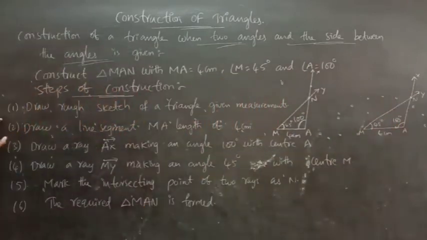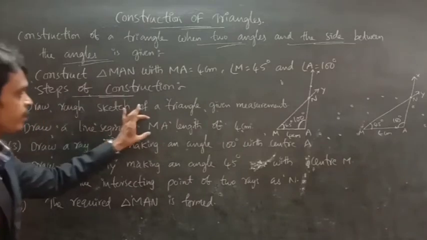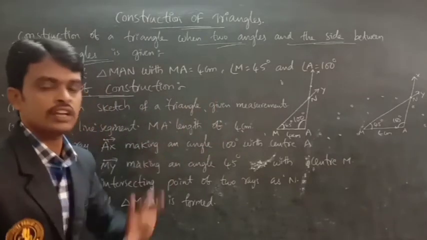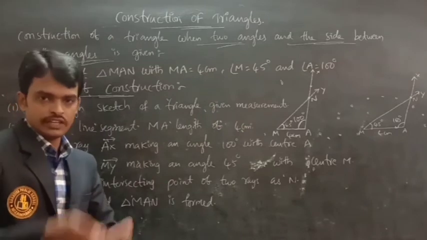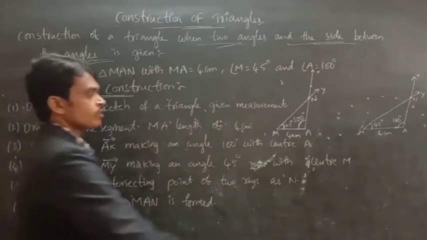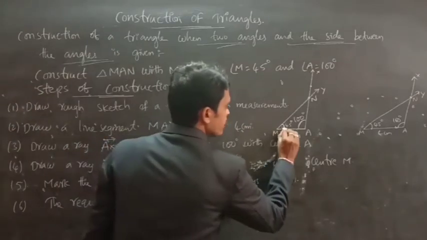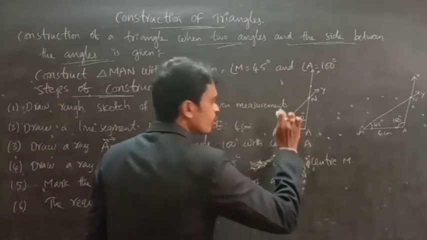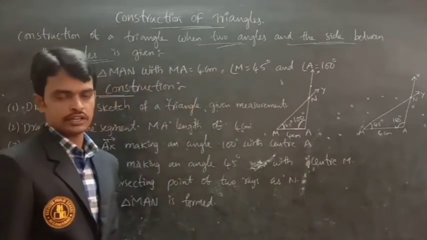Second step, draw a line segment MA of length 4 centimeters. After that we go to the actual construction. First we draw the line segment MA of length 4 centimeters.